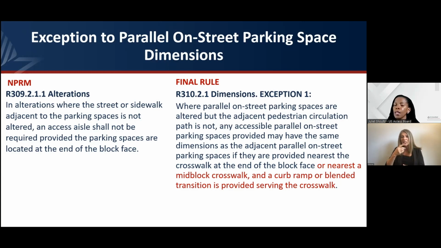And notice we added or nearest a mid-block crosswalk, and a curb ramp or blended transition is provided serving that crosswalk. So if you don't have the space, similar to the NPRM discussion for alterations, then you need to make sure you put that accessible parking space either at the end of the block face where there's a curb ramp or blended transition, or you can put it nearest a mid-block crosswalk that has a curb ramp or blended transition.